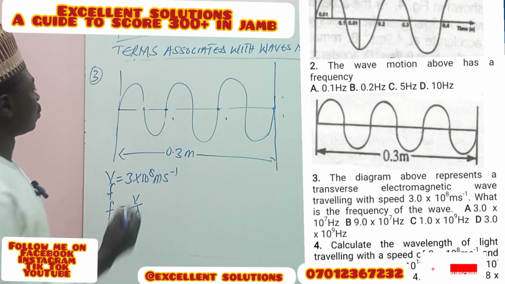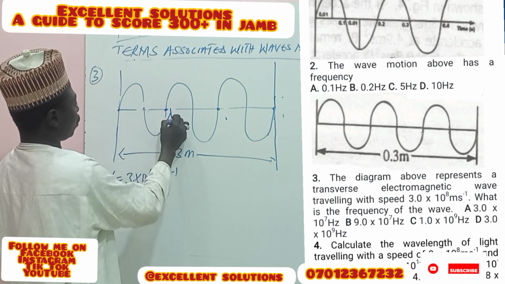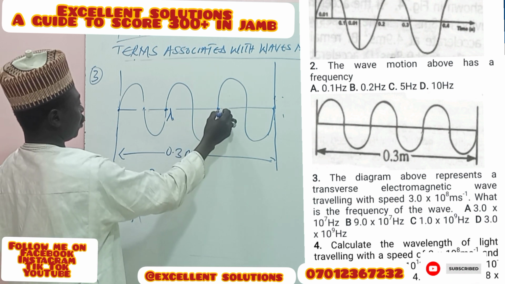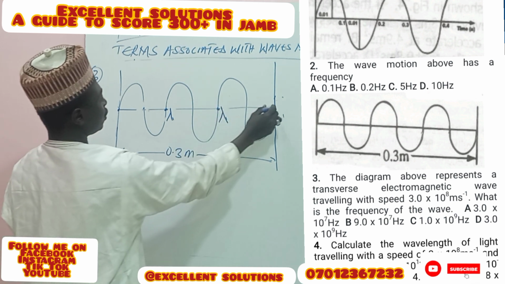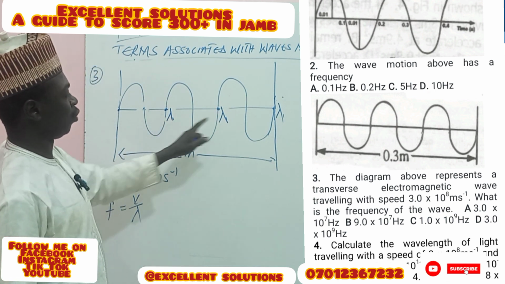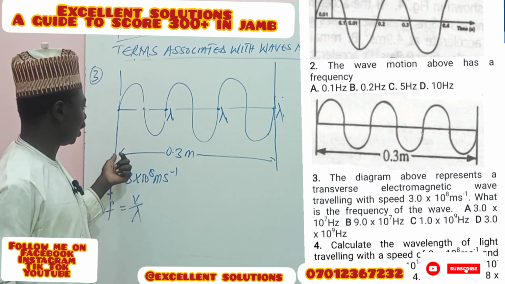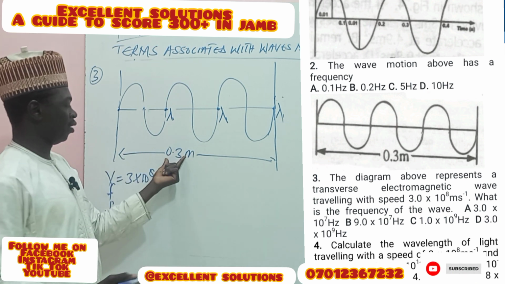So one thing that we need to look at here is that from here to here, this makes 1 wavelength. To this point, it makes another wavelength. To this point, it makes another wavelength. So we are having 3 wavelengths, 1, 2, 3. And these 3 wavelengths are the same as, from here to here, it says 0.3.